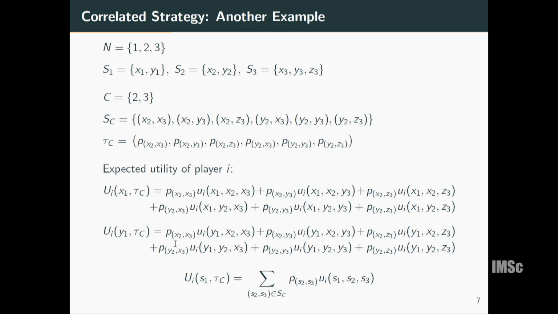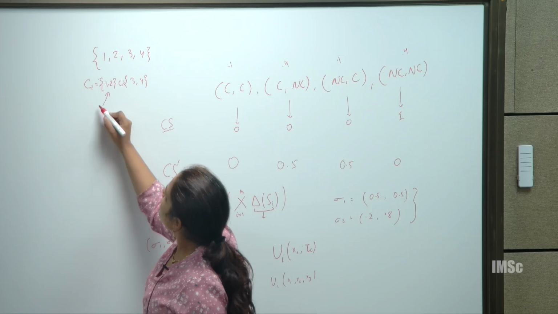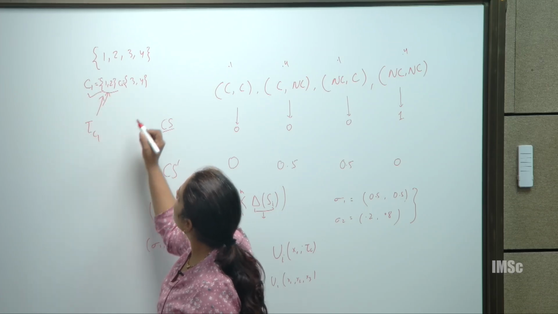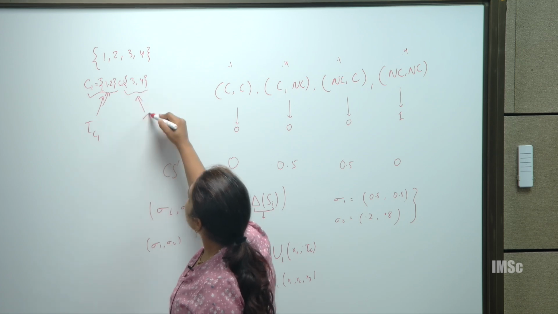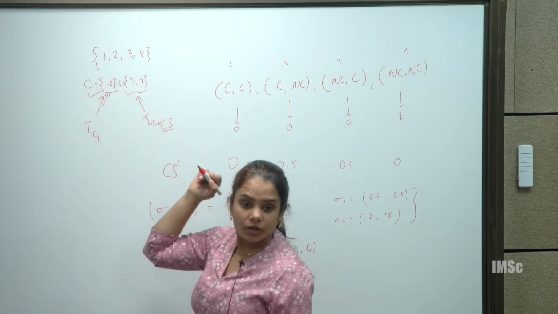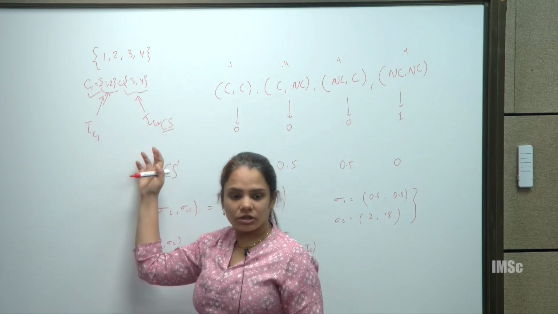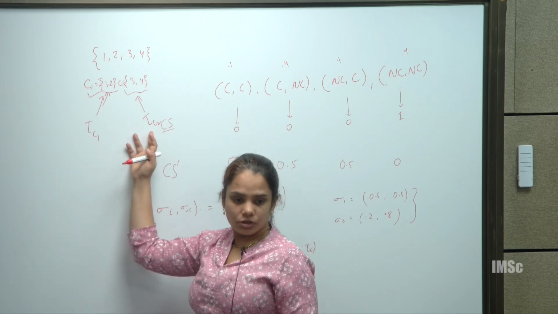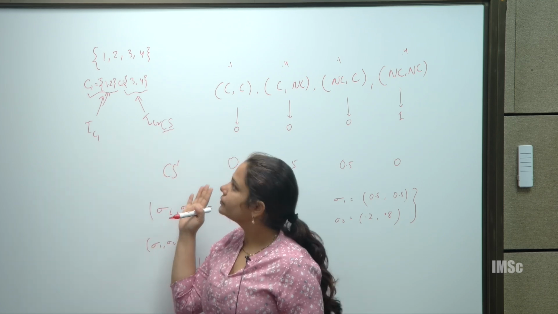Let's say this is C1 and this is C2. In this case, you will define a probability distribution over tau C1, and a probability distribution over tau C2. Then you can talk about the utilities of 1 with respect to tau C1 and tau C2. But here the coalitions are disjoint.